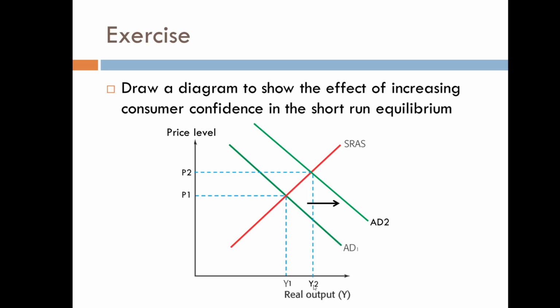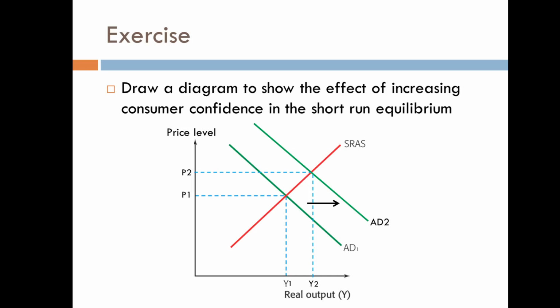This is the current real output that the people in the society plan to have. So this is what we call a short run equilibrium. The short run equilibrium can change from one point to another. It depends on whether the AD is changing or the AS is changing.